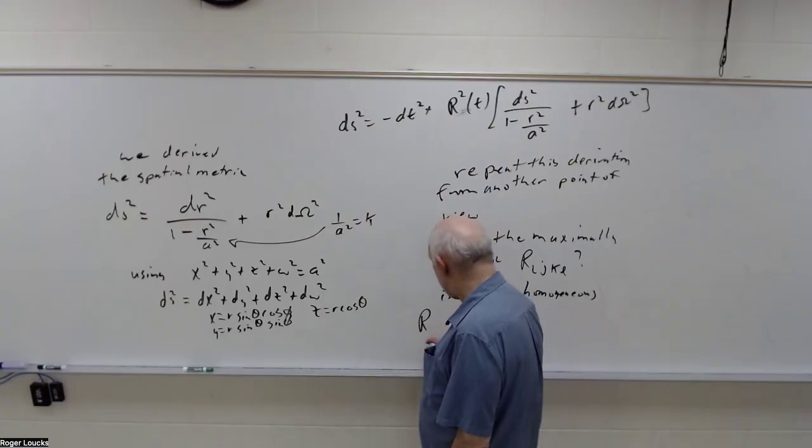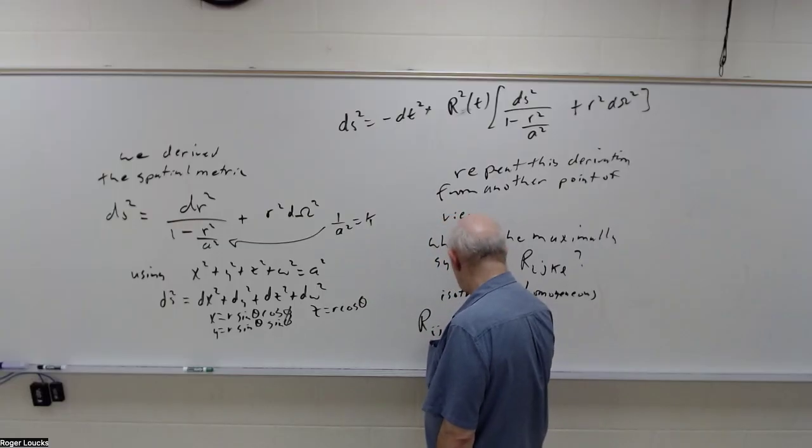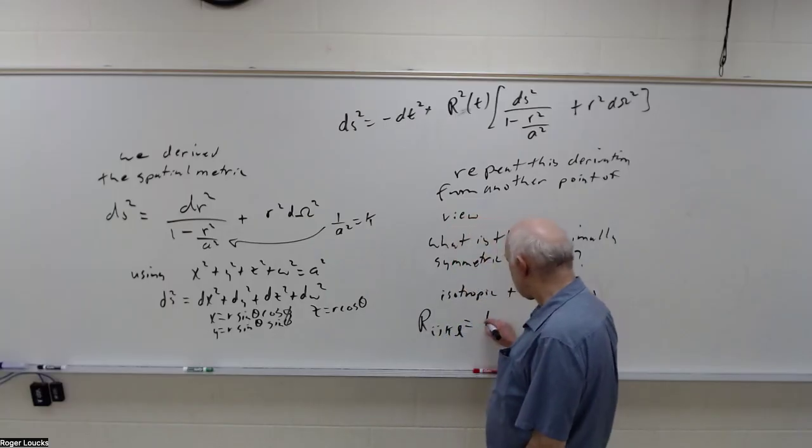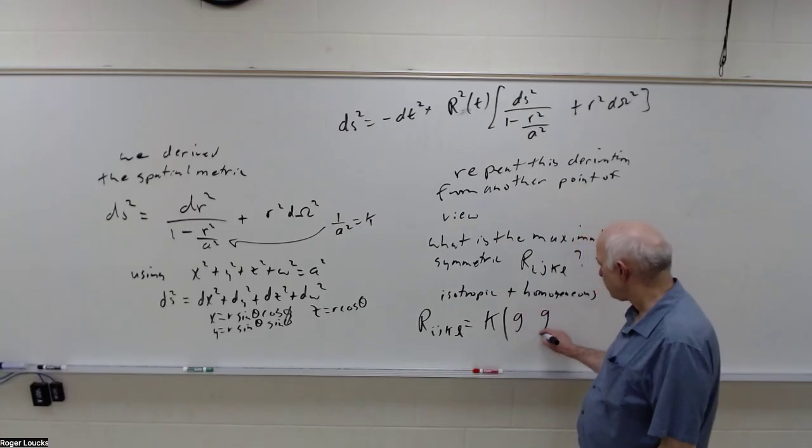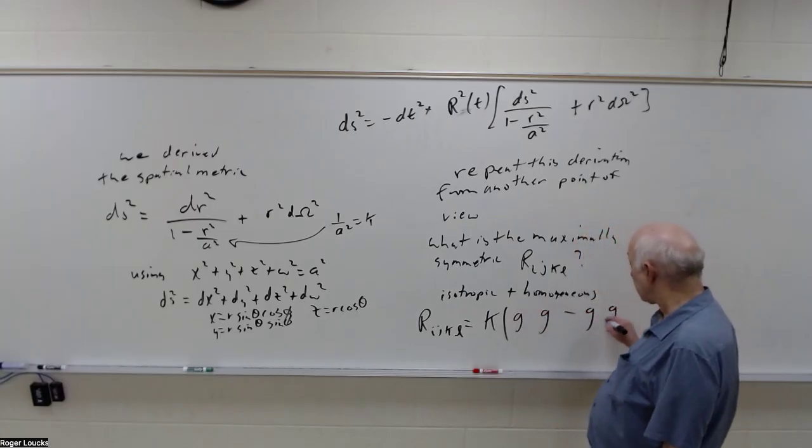And so when we did all that, we ended up with some K here. And then what was the order of the indices we had here? We had four g's here, and I honestly don't remember.